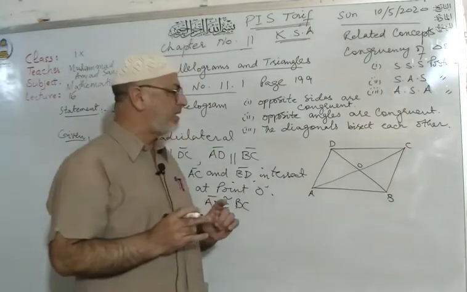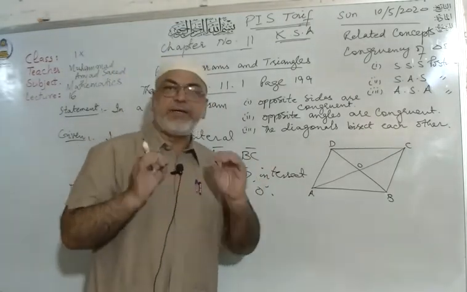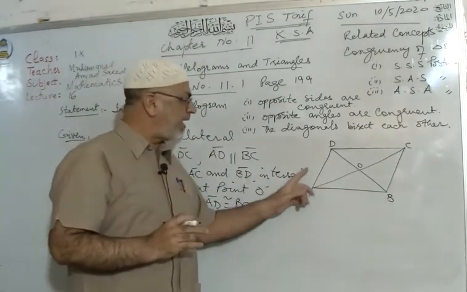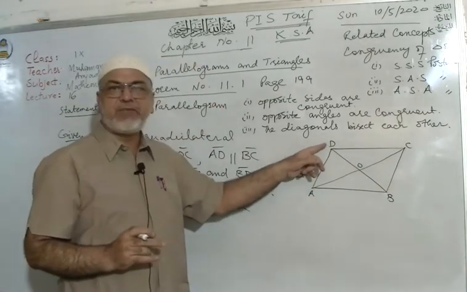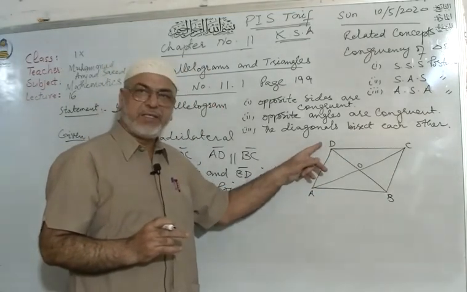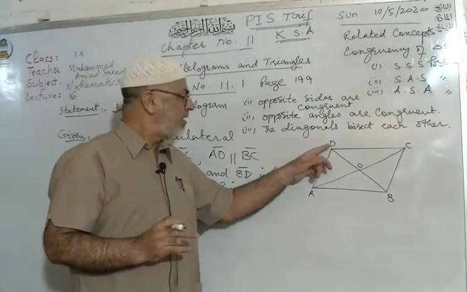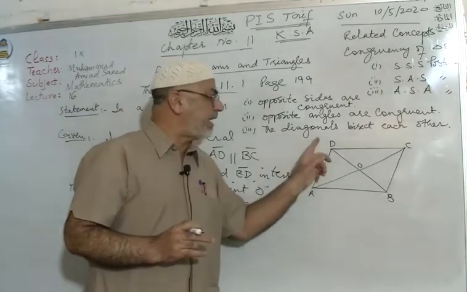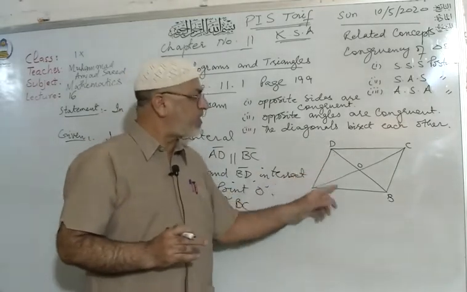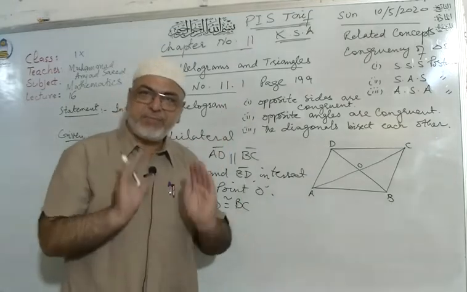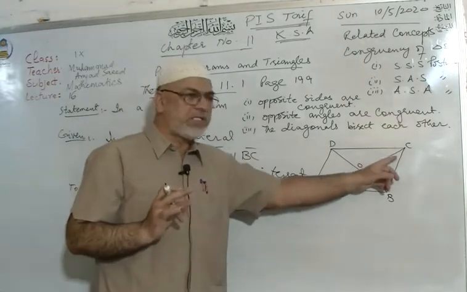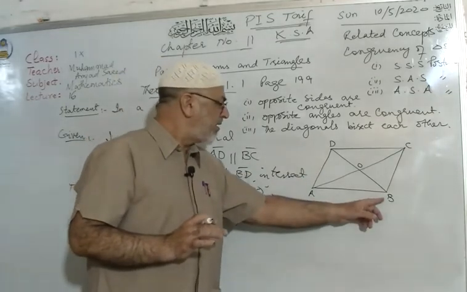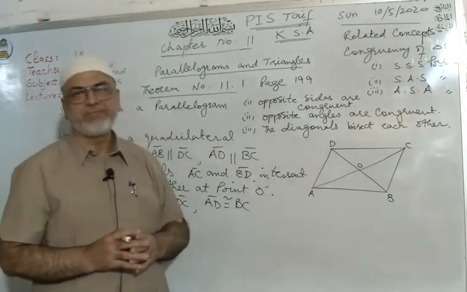But remember that the angle name will have the vertex in the center. For example, ADC: D is the vertex where the angle is made, so it is the central letter. But if you say ACD, then this angle will be shifted to C. So remember that angle A is congruent to C is the same as angle DAB and angle DCB.